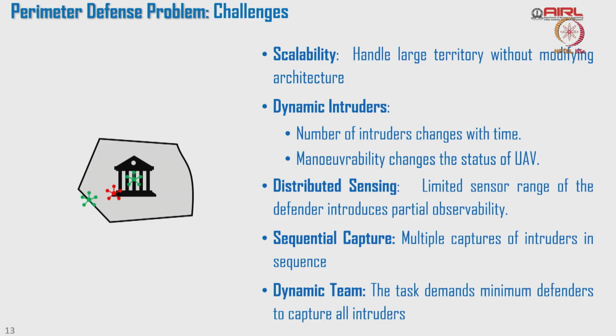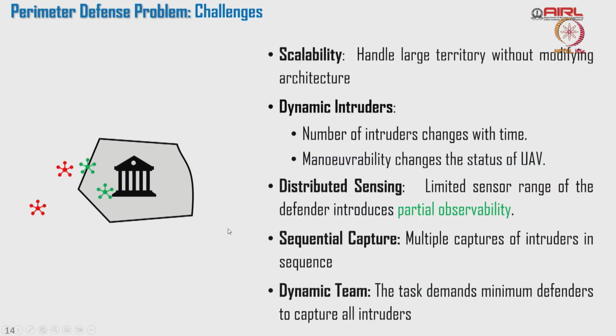When I sense such kind of things, I should be able to send more defenders to my perimeter, right. If I have one more defender, I can send him to capture, but I do not need all the defenders in my territory all the time, which means I will be wasting my resources, right.